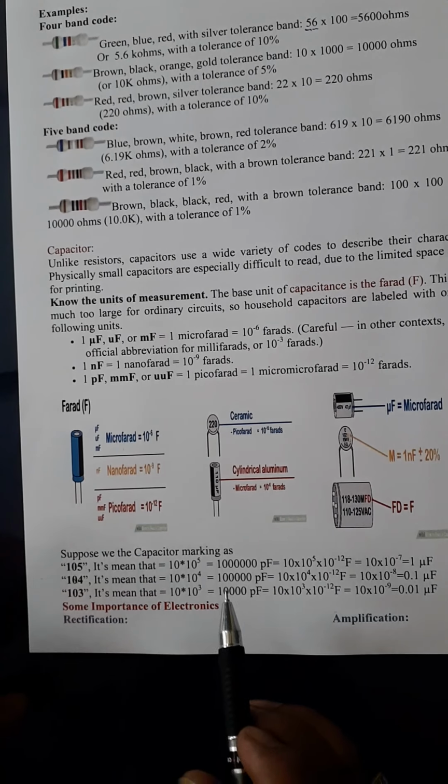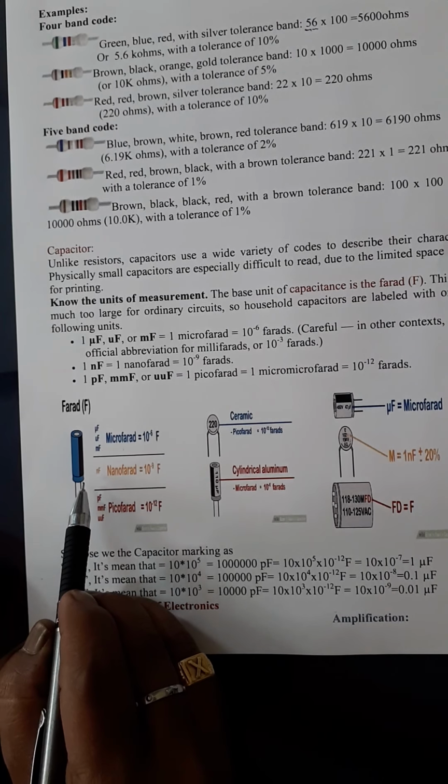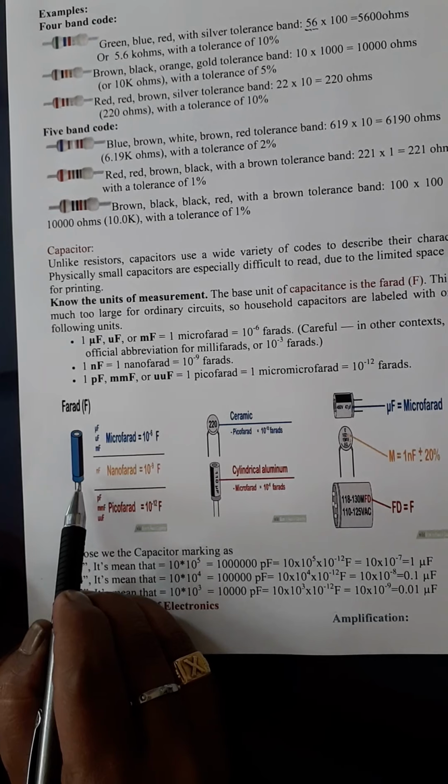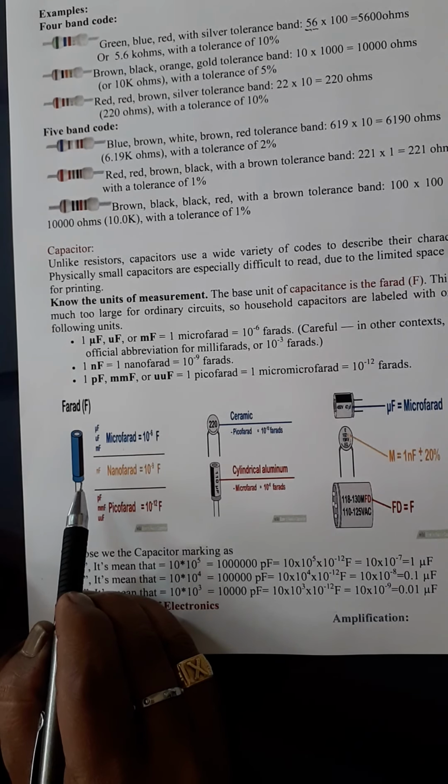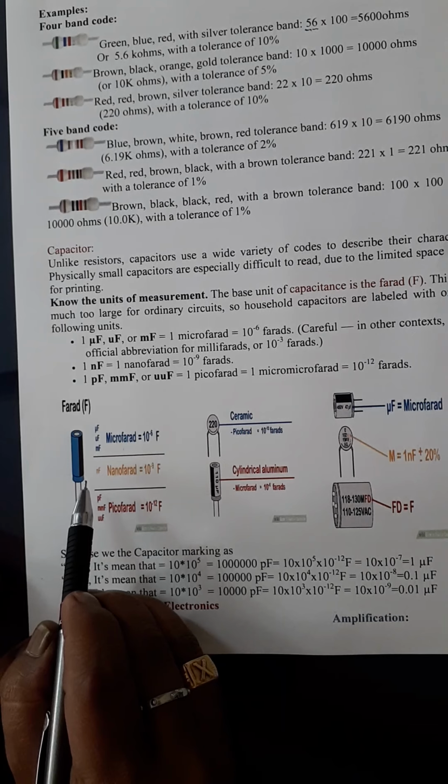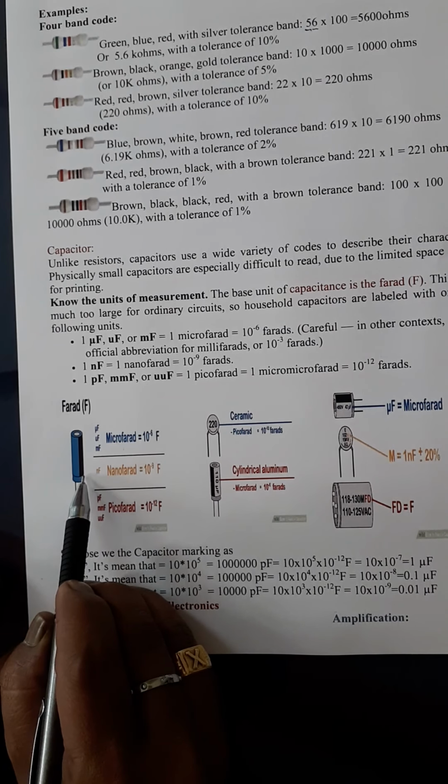So suppose we have a cylindrical capacitor. On a cylindrical capacitor, the capacitance of the capacitor is given, printed on it.